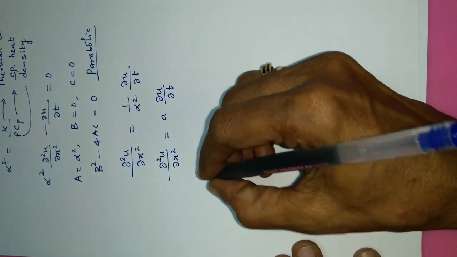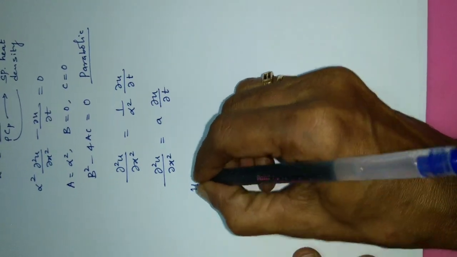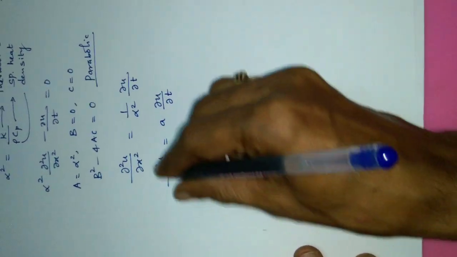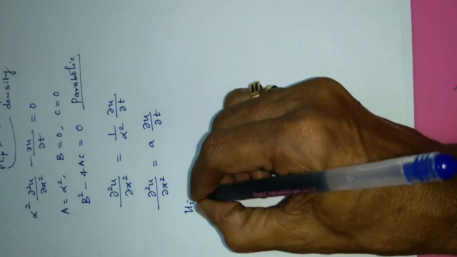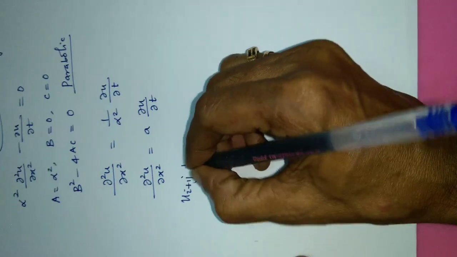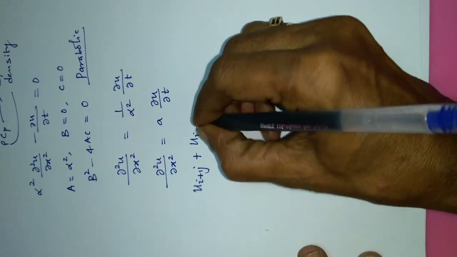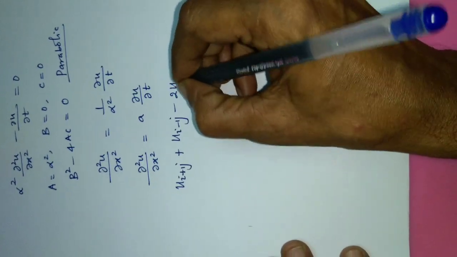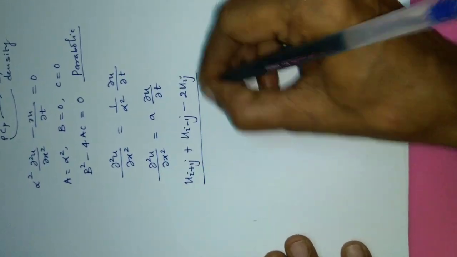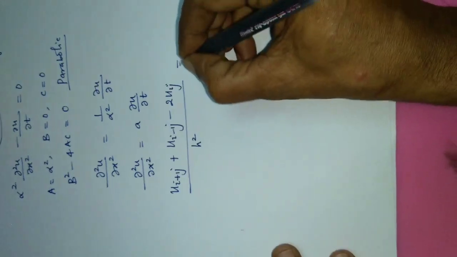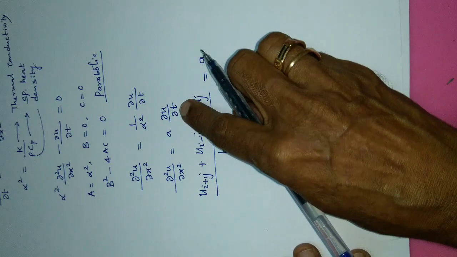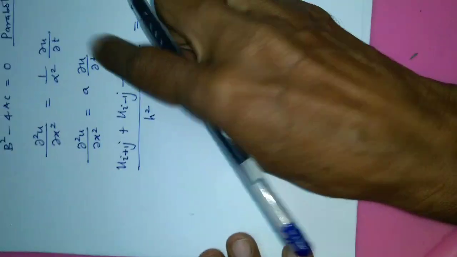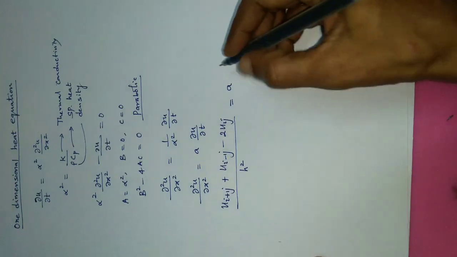So we'll rewrite this equation using finite difference form, as we know very well how to take the finite difference equivalent for the second partial derivative with respect to x: u(i+1,j) plus u(i-1,j) minus 2u(i,j) divided by h² on this side, A. So for ∂U/∂t, I am going to take t with reference to maybe the y-axis. So instead of y, I am taking a dummy variable t.